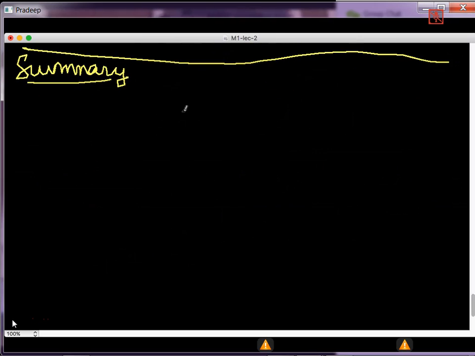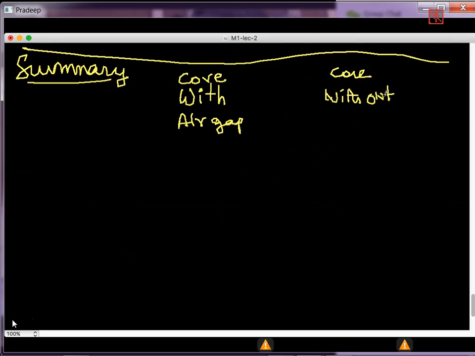So this is core with air gap, core without air gap. So what do you find?